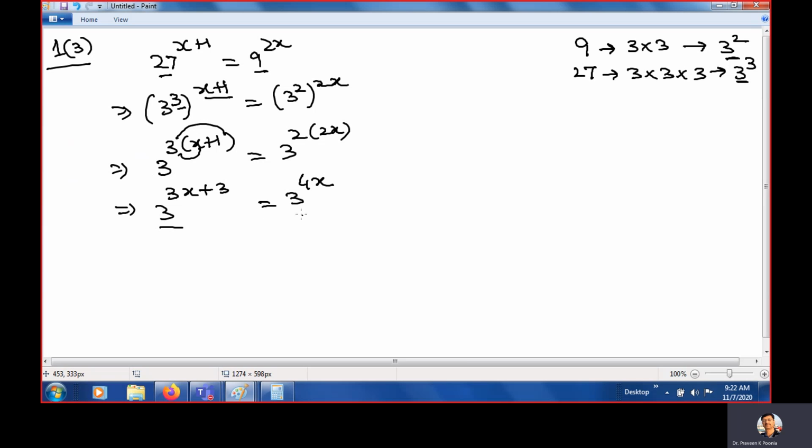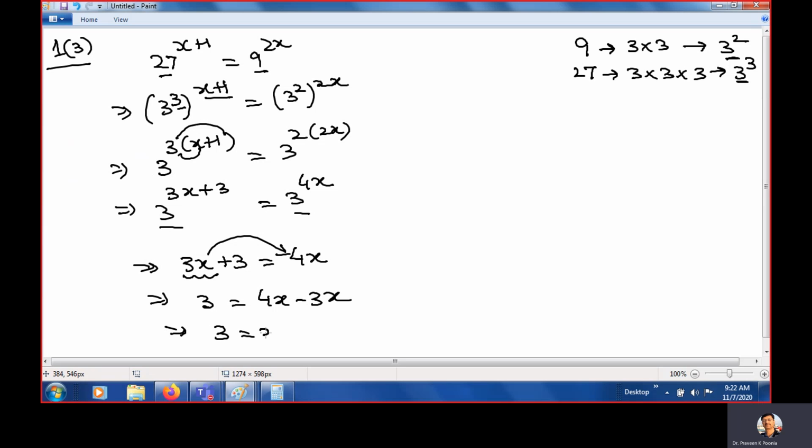Clear? Now the base is the same, so 3x plus 3 equals 4x. This is a small number, so we will shift this number here. So 3 is equal to 4x minus 3x. This implies 3 is equal to x. So what is the value of x? The value of x is 3.